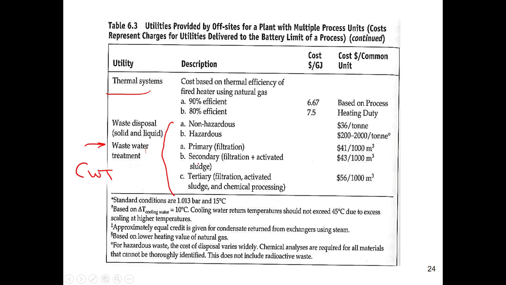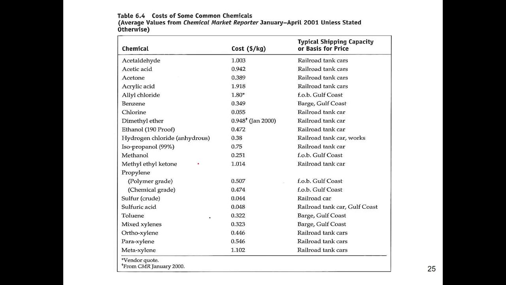And we also have another table here that gives us the cost of common chemicals. Like I said, the cost of raw material. Some common chemicals, very popular or common chemicals that are used in many factories, in many manufacturing sites, like acetic acid, acetone.